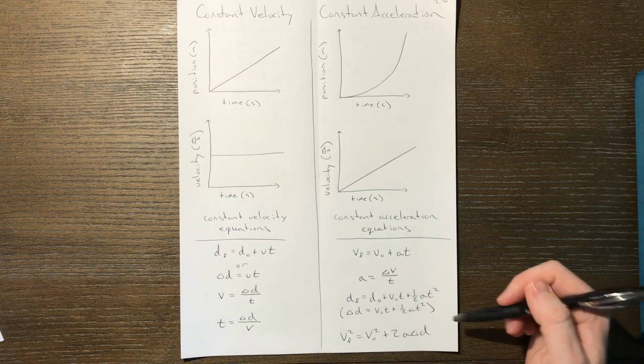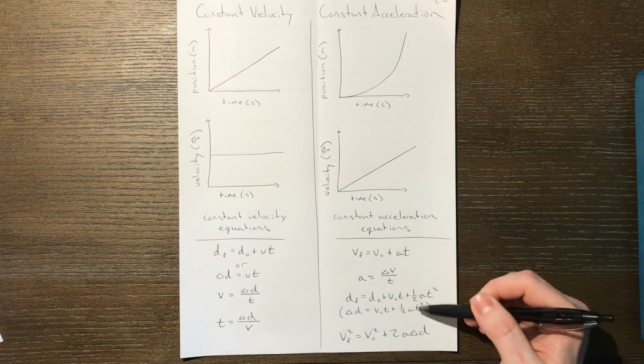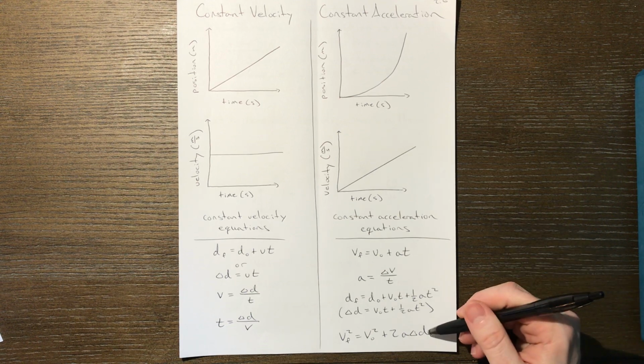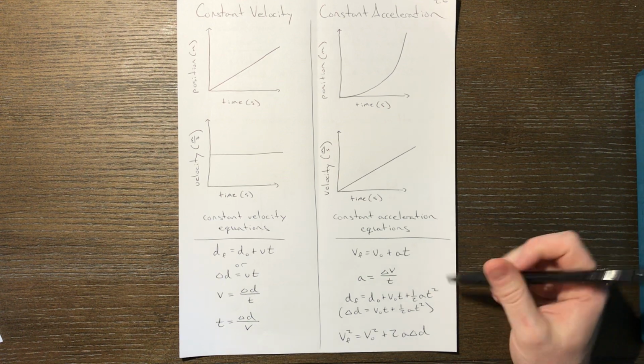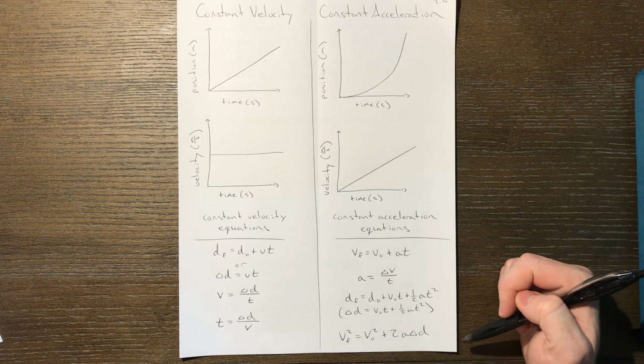Now lastly, this is a really cool equation because there's something special about it that the other ones all have in common that this one does not share with them. And that is it doesn't involve time. Now there's some fancy math tricks using substitution where you remove or eliminate the variable of time.